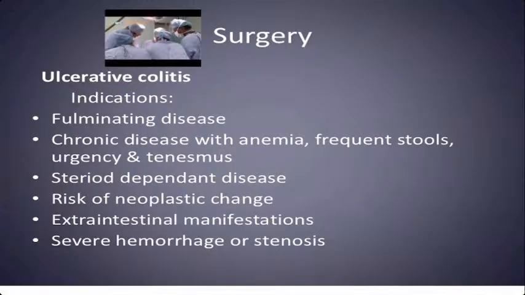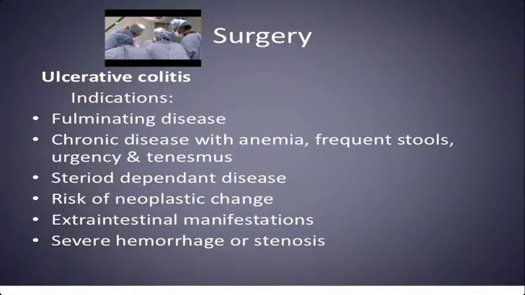So both, I think we've already mentioned, ulcerative colitis and Crohn's disease, in severe fulminating disease, may require surgery. Those with chronic disease, with intractable anemia, tenesmus, patients with steroid-dependent disease, because you want to wean them off and not get into the problems of chronic steroid use.